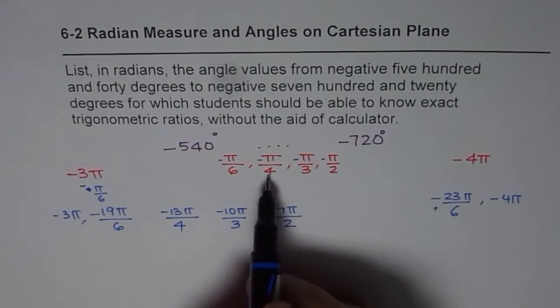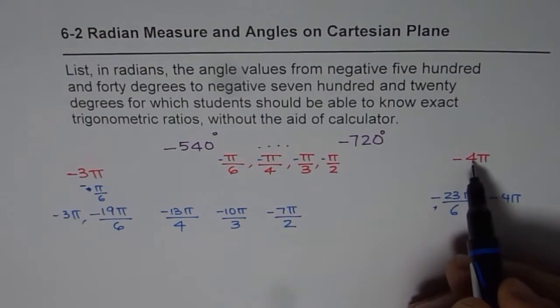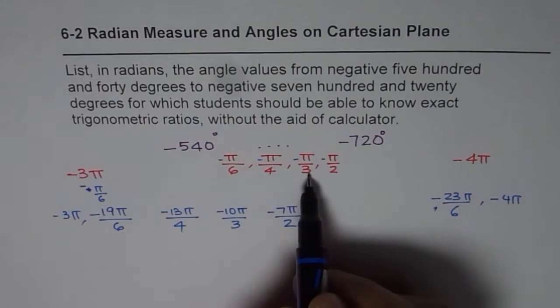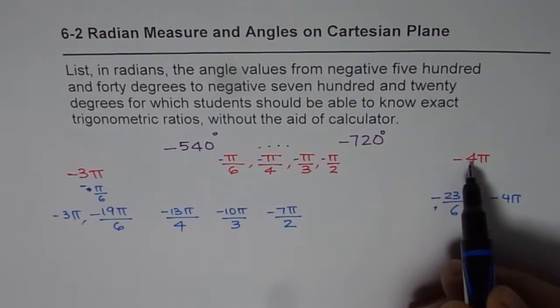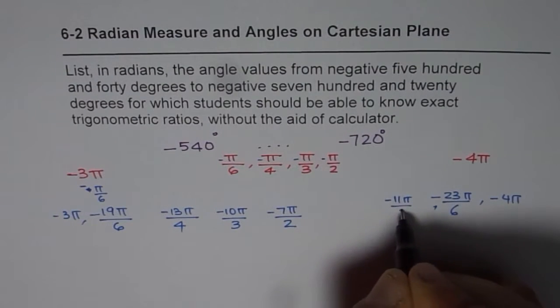And now we will add 4. 4 times 4 is 16 and 1 less. We missed 3, so let's do 3 first. 3 times 4 is 12, and from 12, 1 less will be minus 11 pi by 3.